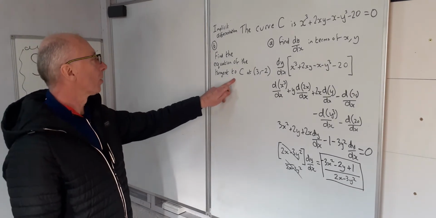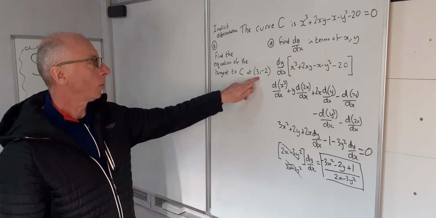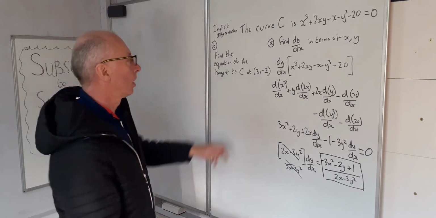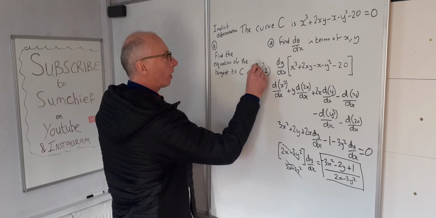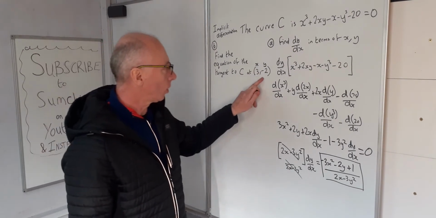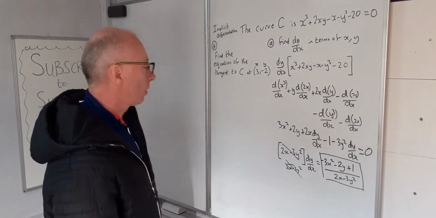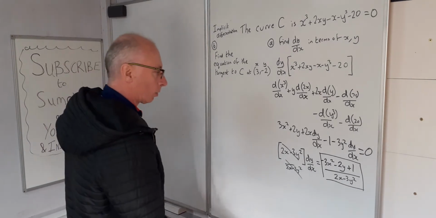Next, I'm going to find the tangent to the curve C at the point (3, minus 2), so that's at x equals 3 and y equals minus 2. First of all, let's plug in our values for x and y to see what dy/dx equals.